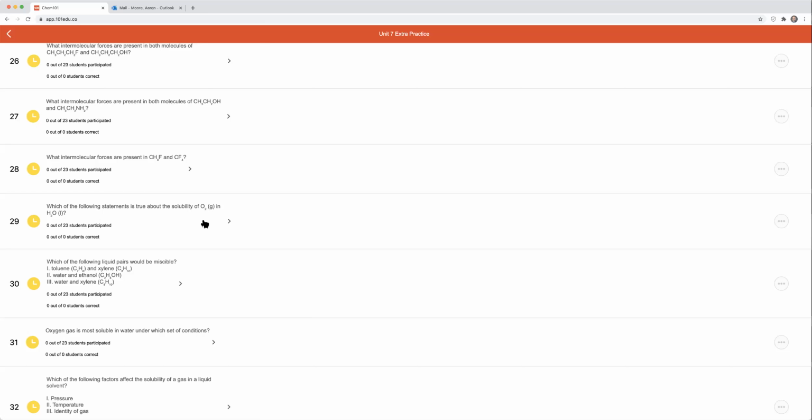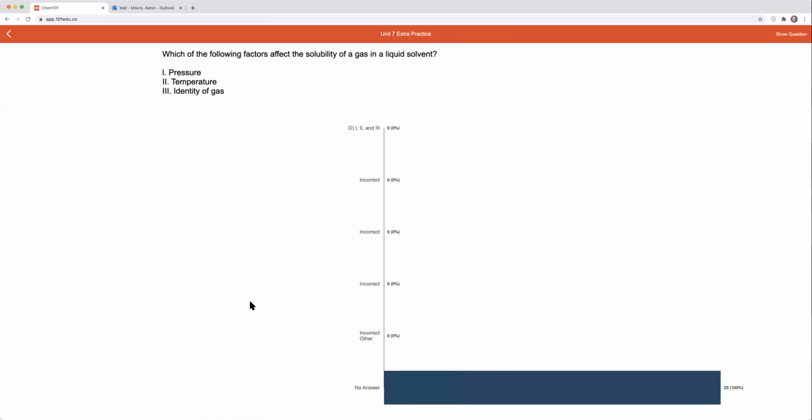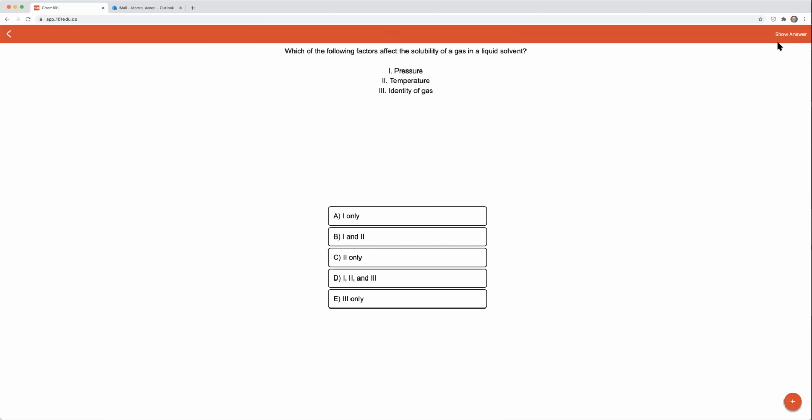So I want to go down to 32. All right, so number 32. This one asks the question, which of the following factors affect the solubility of a gas in a liquid solvent?